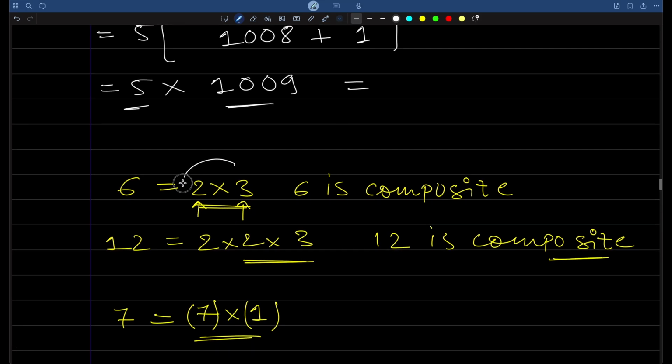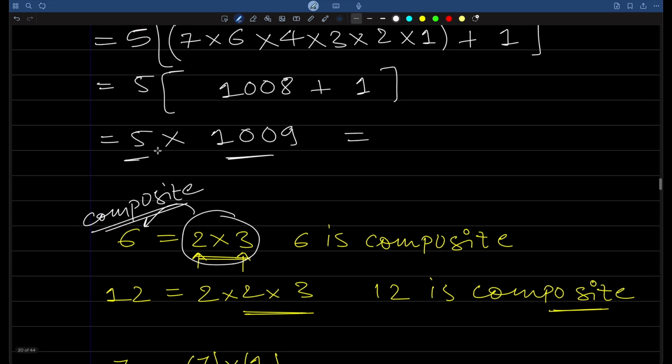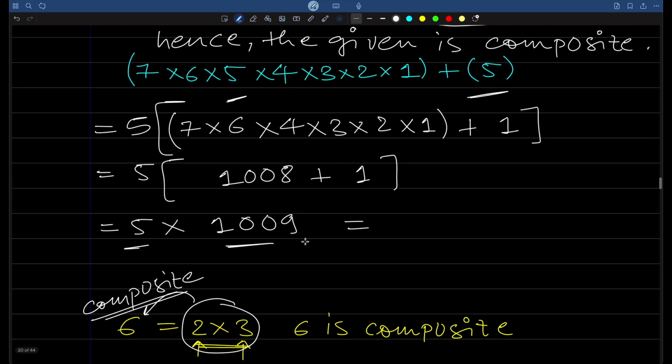We can see here the product of two prime numbers, 2 into 3, gives a composite number. Hence I can say that the given number is composite.